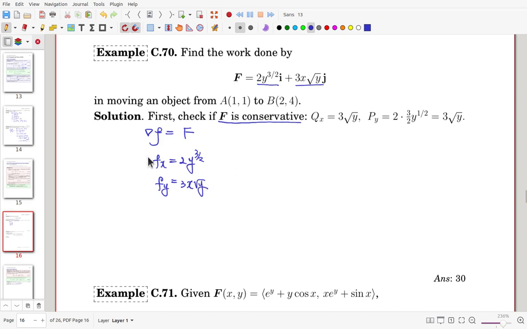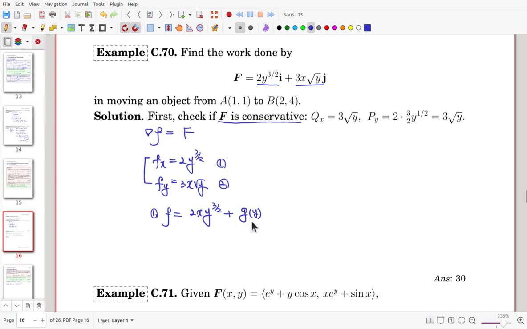Now, we have to solve these two equations. Let's say there's 1 and 2, to find the potential. From 1, x integration will make 2x y to the 3 over 2. And you will have to put a constant here, but we have to put it quite generally, such that the x derivative will make it 0. So this constant must be a function of y.